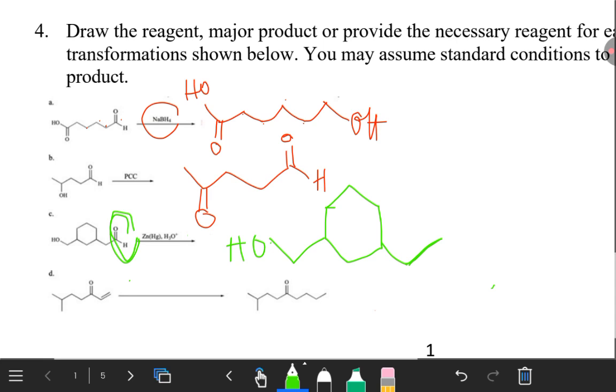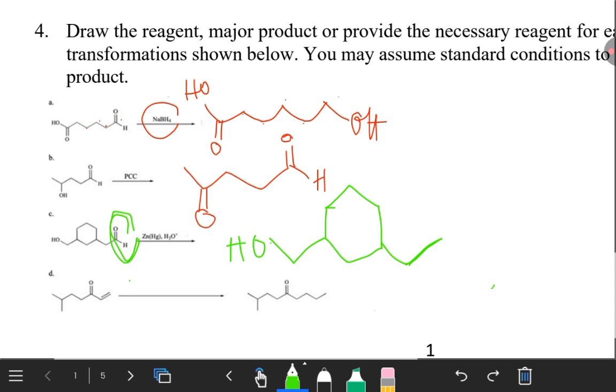Then let's look at part D. Part D, as we can see, we have already the reactant and also the product. The only thing they're asking us here is to show the reagent which was used in order to come up with this product. And we can say that at one point they had to break this double bond here, and there was something which was now attached. So from the look of the things which took place here, it was just the reaction which is known as the Grignard reagent reaction.